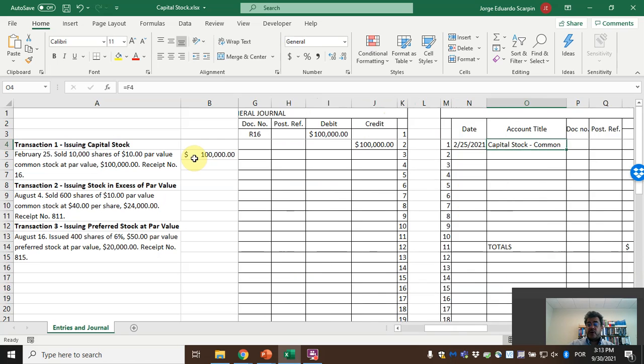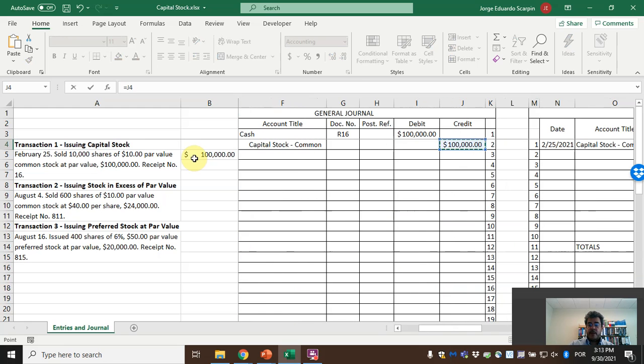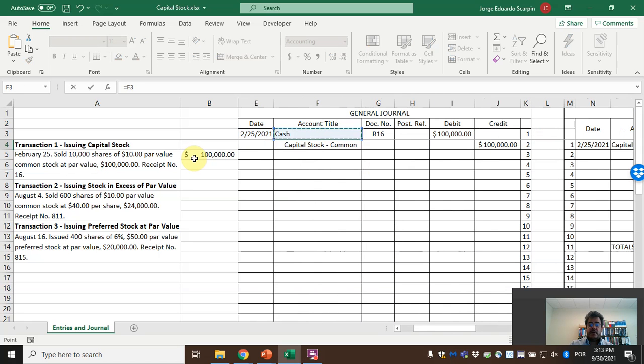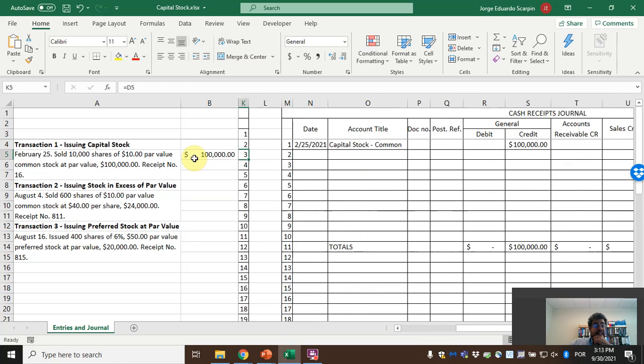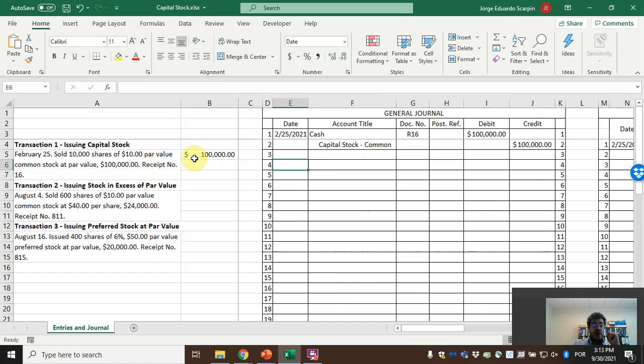Capital stock common. Credit, $100,000. No accounts receivable, no sales, only cash debit, $100,000. Now we are issuing additional stocks on August 4th.